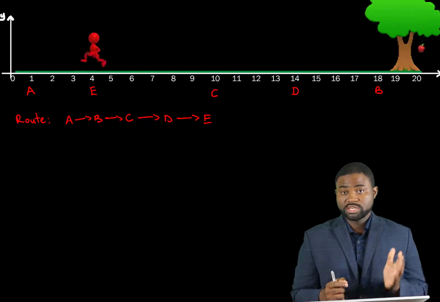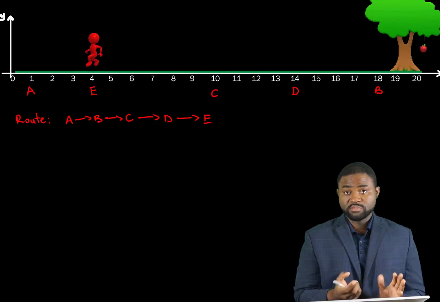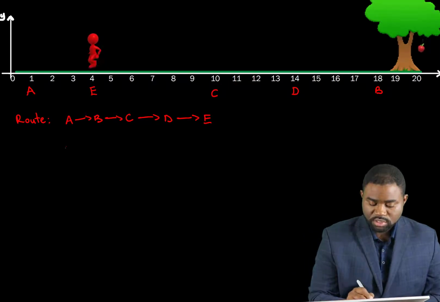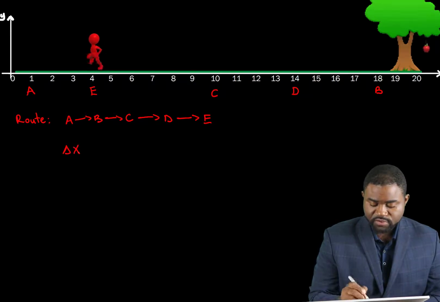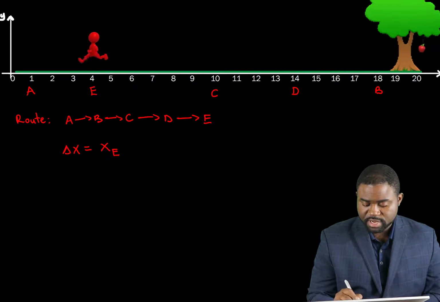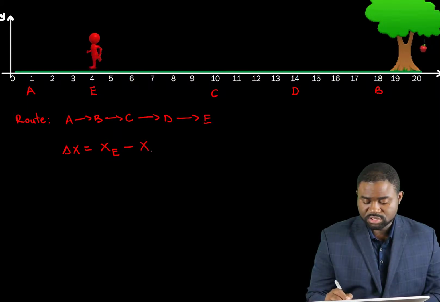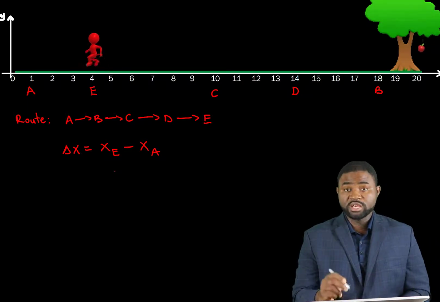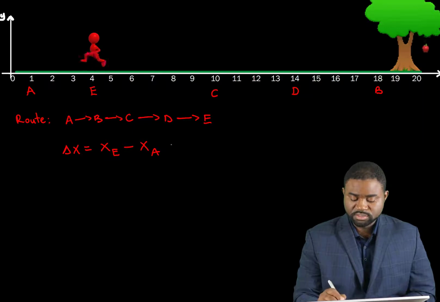In other words, his displacement is the final position minus the initial position. So the displacement delta x will just be the position at E minus the position at A, because E is his final destination and A is his initial position.